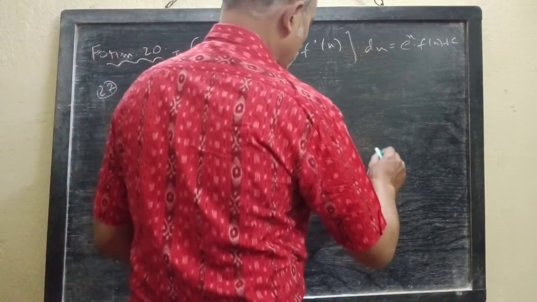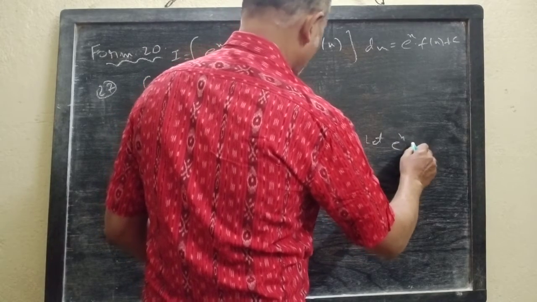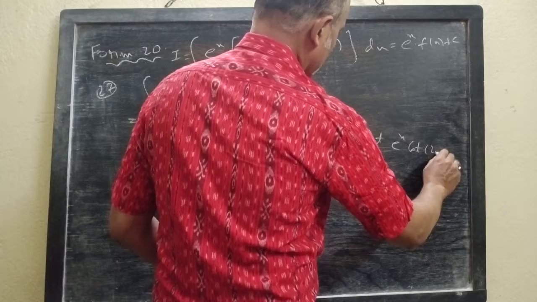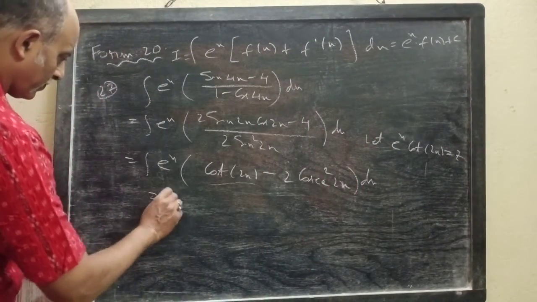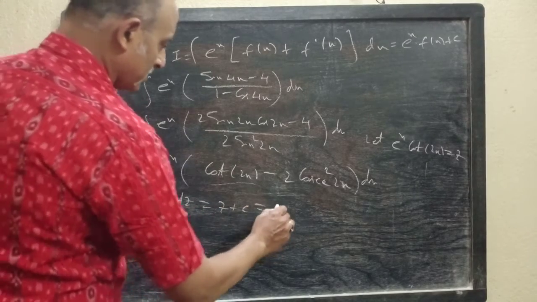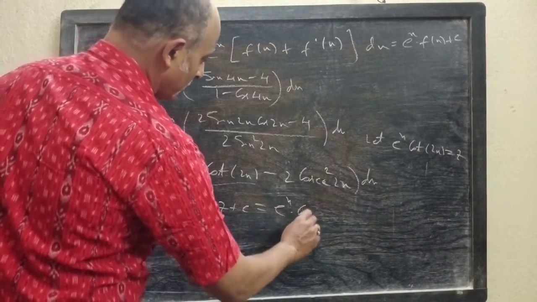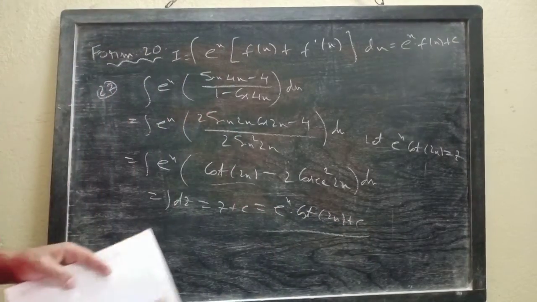So your substitution will be, let e to the power x cot of 2x be z, do differential, you will get integration dz, that is z plus c, that is e to the power x cot of 2x plus c. This is your final answer.